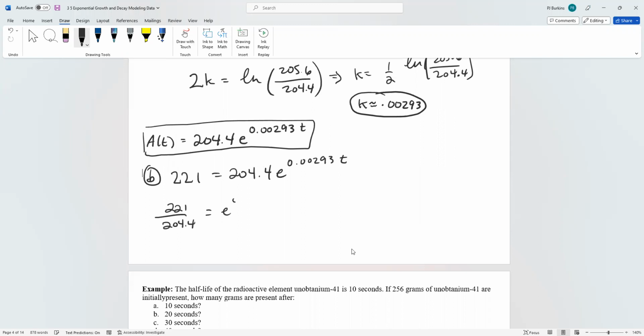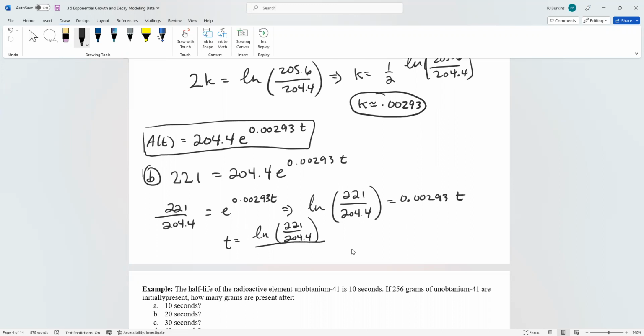Then it equals the exponential. Take the natural log of both sides. And I'm just going to skip one step here because we've done this multiple times. All right, I take the natural log of e. Over here, I just get the decimal times t. And finally, t is equal to the natural log of 221 over 204.4 divided by 0.00293. So let's get an approximation for that as well.